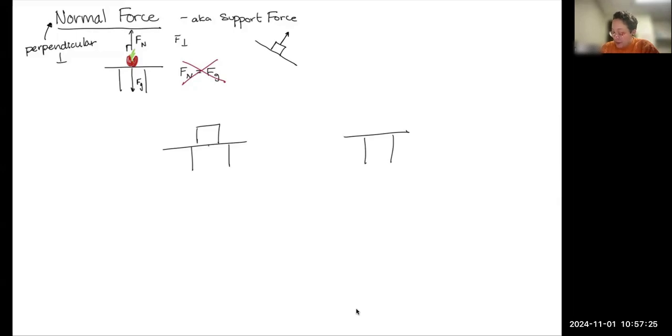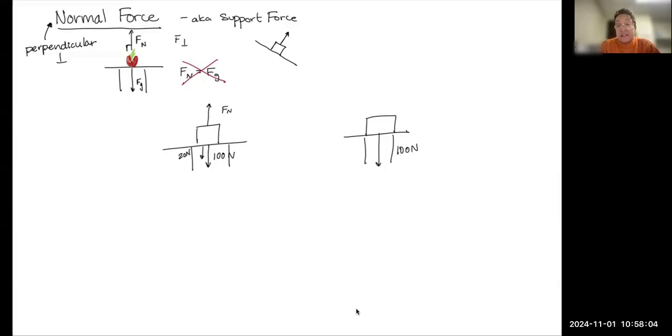So let's say I have a box sitting on a table and it has a force of gravity of 100 newtons. But let's say maybe I walk up and I also push down on that with maybe 20 additional newtons of force. And I want to know, what is the normal force? Well, in this case, the job of the normal force is not just canceling out gravity, it also has to cancel out this extra force.